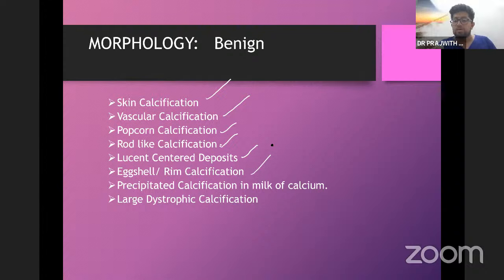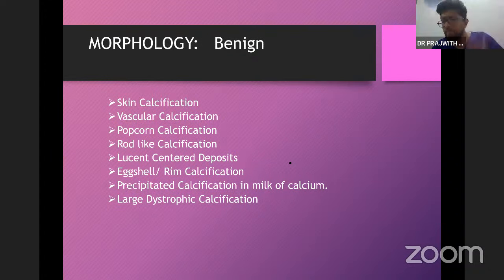Precipitated milk of calcium, it is a milk of calcium, not a lesion. It will be floating. When you change the direction of the breast, it will change the shape. So that is the milk of calcium. Large dystrophic calcification, I told you, very obvious to see, is benign.